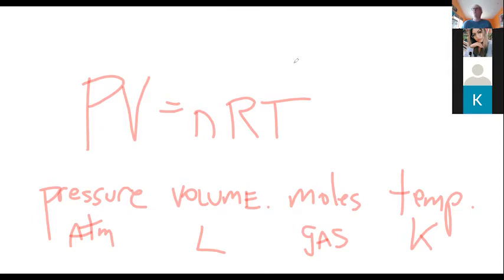What does the pressure from a gas come from? What is it about gas molecules that causes them to exert pressure? So if this is a closed cylinder, and it has gas molecules in it, what is it about the gas molecules that causes them to exert pressure on the sides of the container?